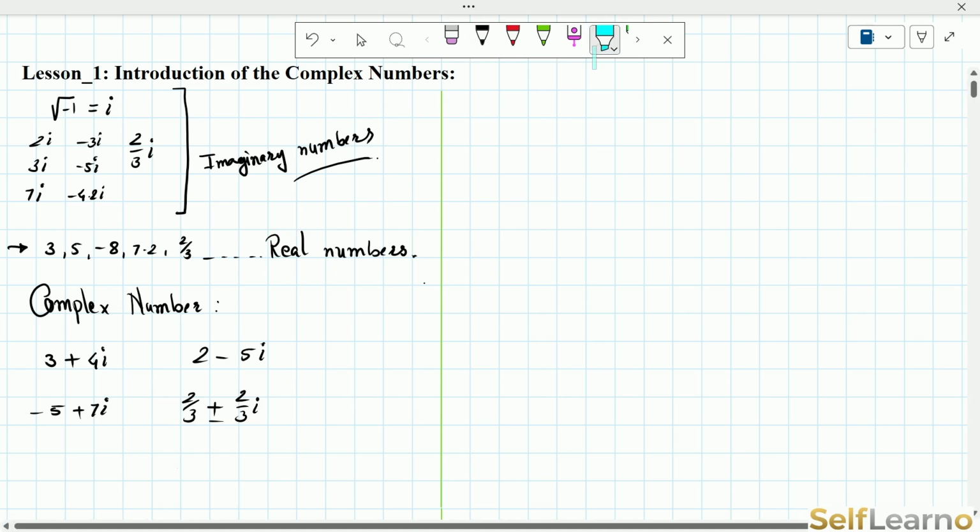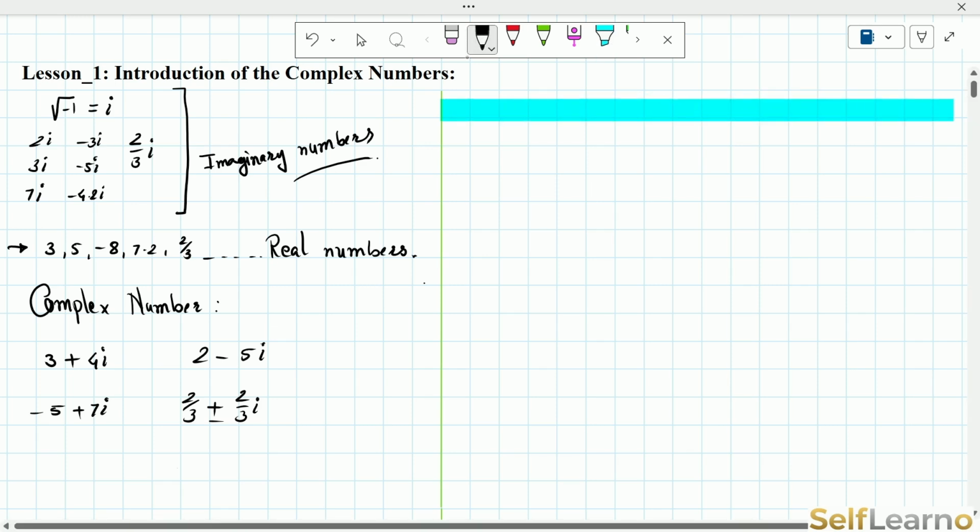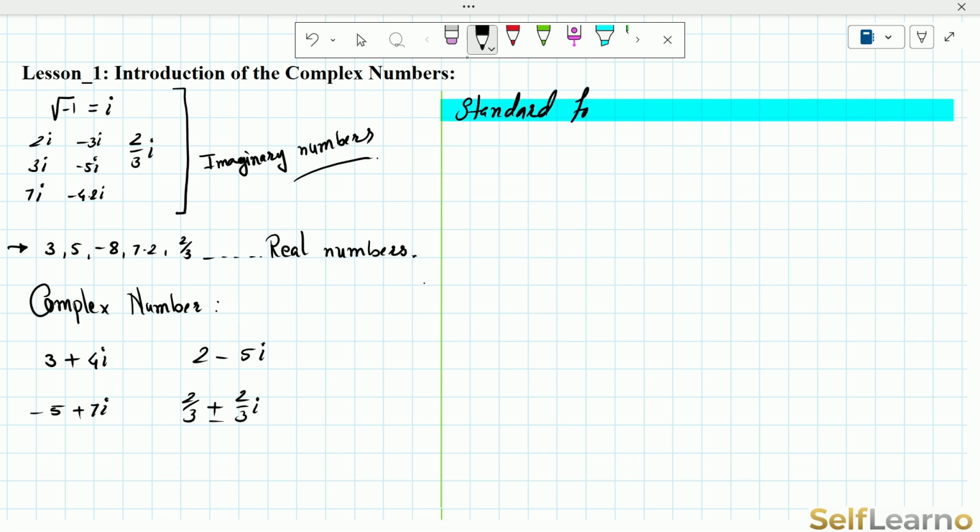So I'm going to introduce a standard form of complex number. Generally, complex numbers are denoted by z.